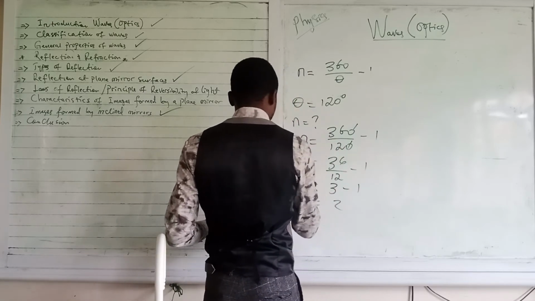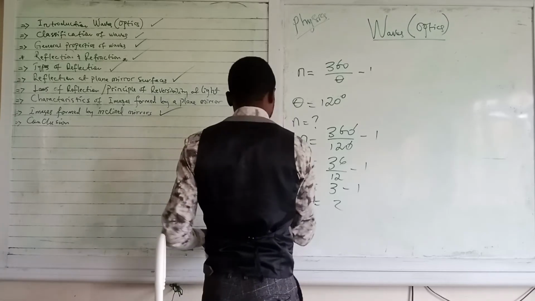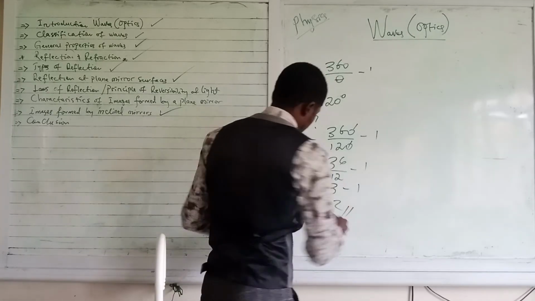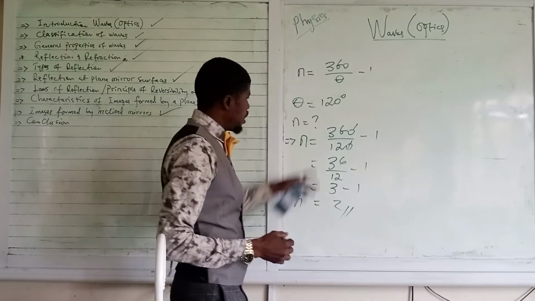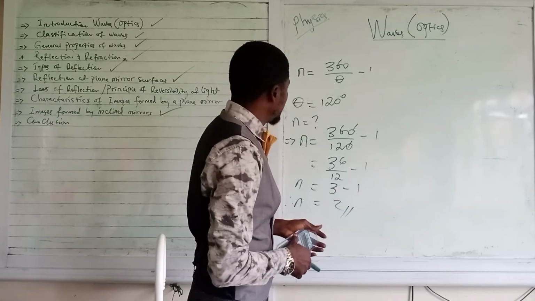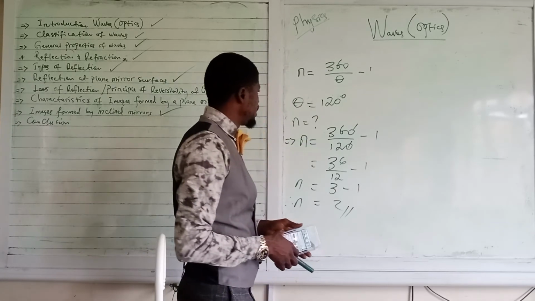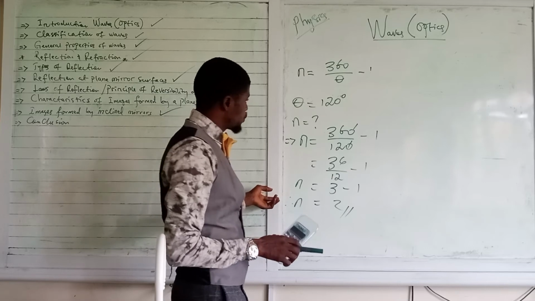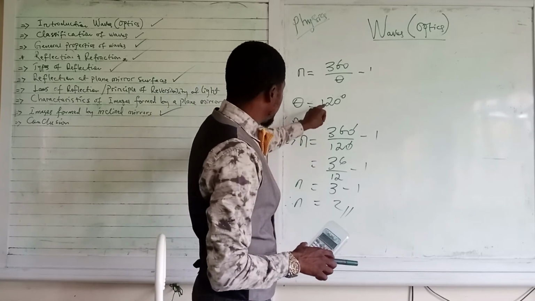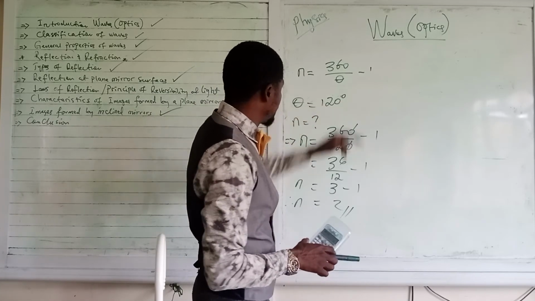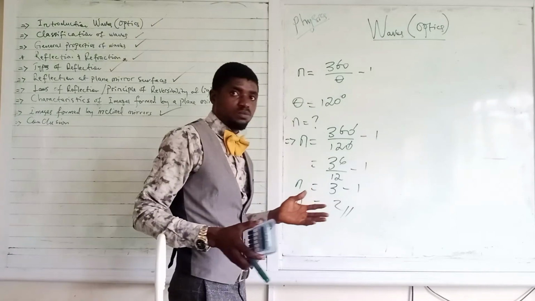So therefore your n is equal to 2. So the number of images formed when the angle of inclination is 120 degrees is just 2.